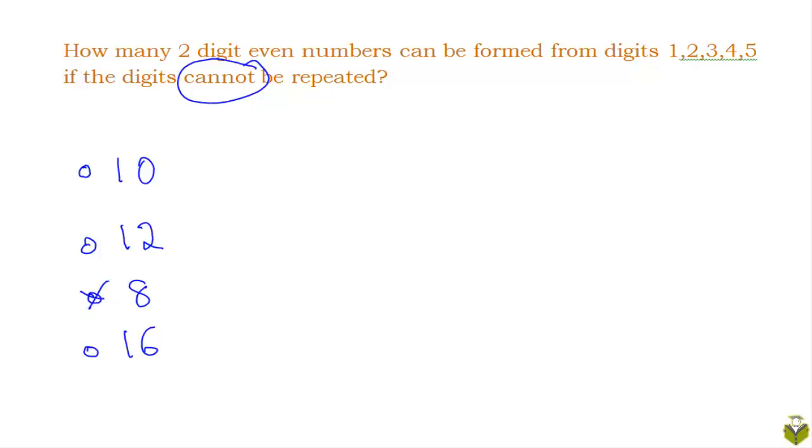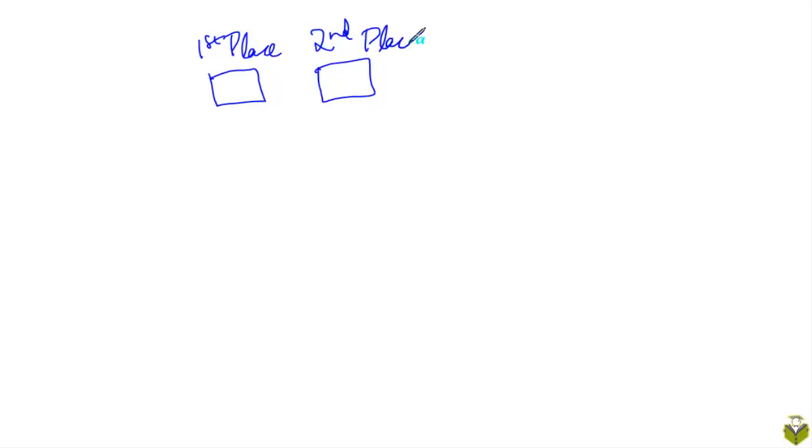Let us look at the solution now. As before, I again draw the two boxes, first place and second place. And what are the options we have? 1, 2, 3, 4, and 5.